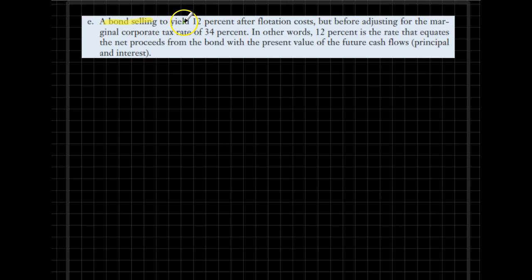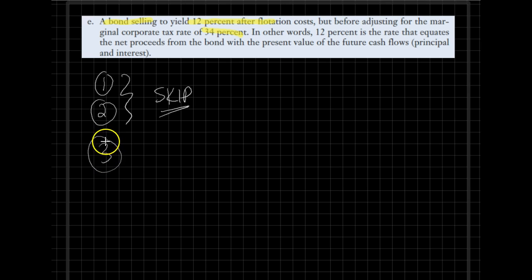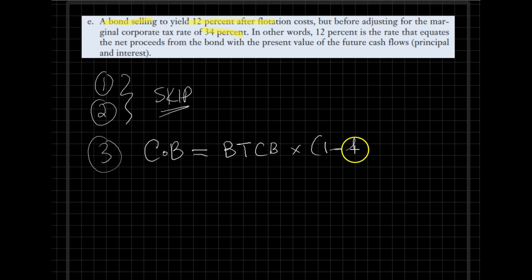So in the last part of the problem, again, we are calculating the cost of bonds. It is provided that the before tax cost of the bond is 12% after flotation costs have been taken into consideration. All we now need to do is we can confidently skip the first two steps involved in the calculation of the cost of the bond, and so therefore the cost of bond is equal to before tax cost of bond times 1 minus the tax rate.